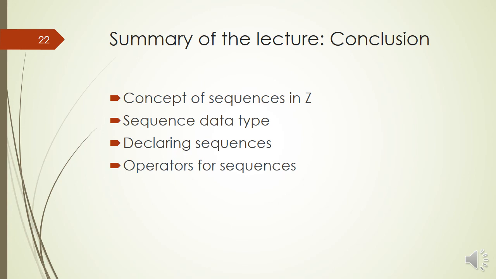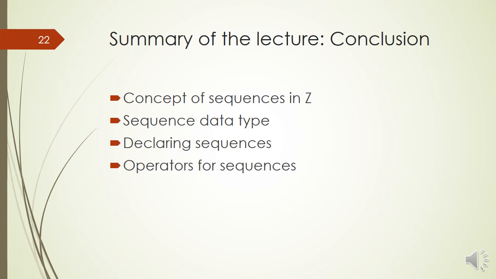And we discussed that the set of all possible sequences, or the sequence data type, is basically the set of all possible partial functions from the set of natural numbers to the set of objects.